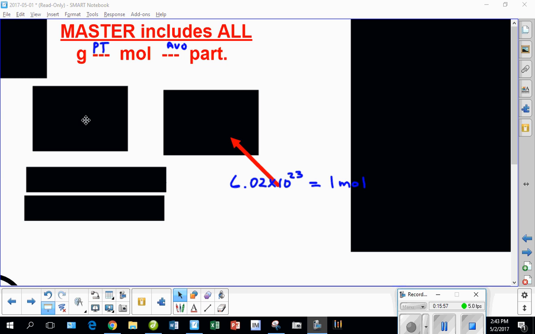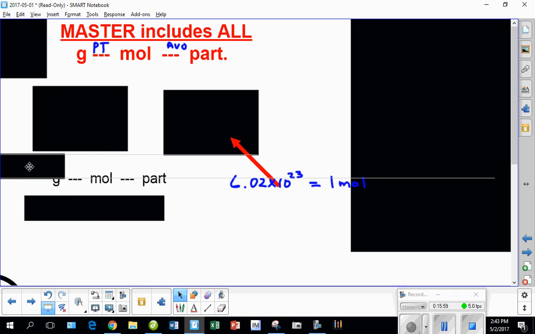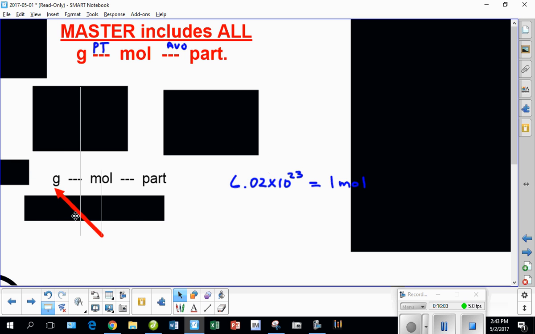Okay, here we go. Now, here's the next problem type. This time we're going to start with grams. That's the beginning of our path. Elizabeth, you're on. What's first?